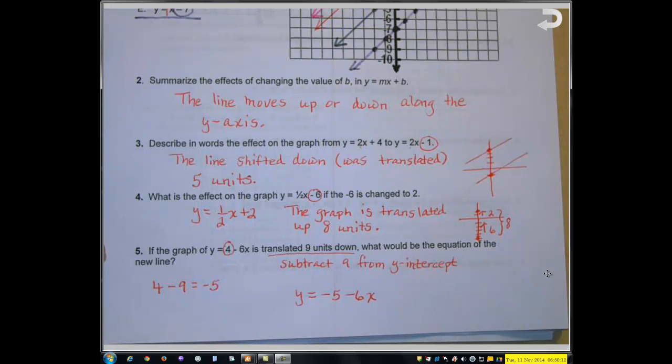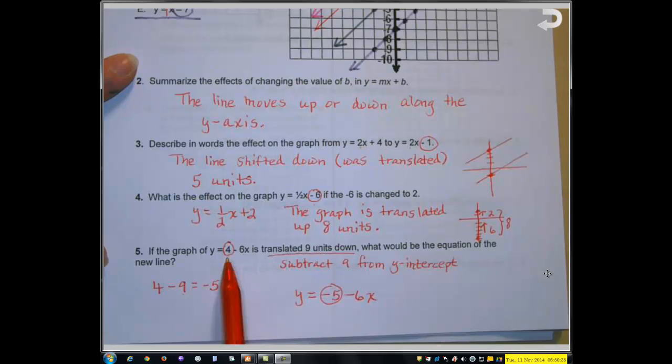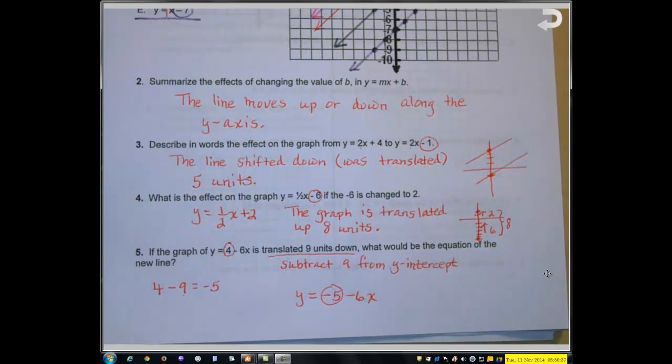Our original y-intercept was 4. The problem says translated 9 units down, so we're going to subtract 9 from the y-intercept. 4 minus 9 gives us negative 5. So the new equation would be y equals negative 5 minus 6x. So we changed our y-intercept from 4 to negative 5.